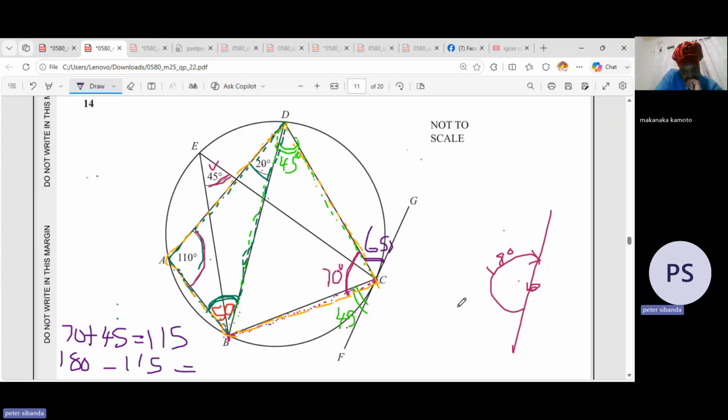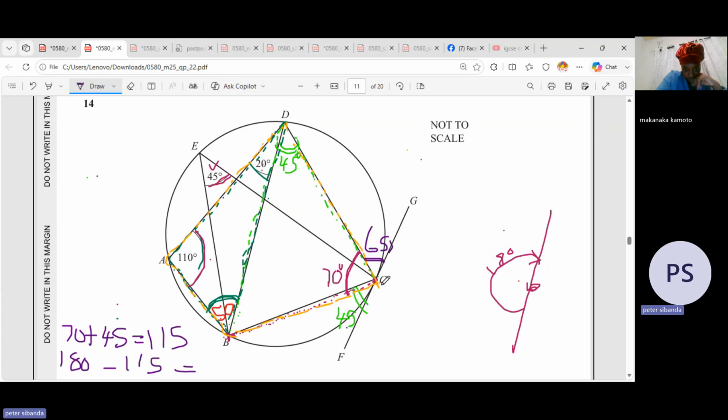What is interesting about this 65 is that it is an angle formed by a chord and a tangent. There is a theorem, remember, that says if a chord like this chord CD forms an angle with a tangent, that angle is equal to any angle that chord is going to subtend in the other segment.